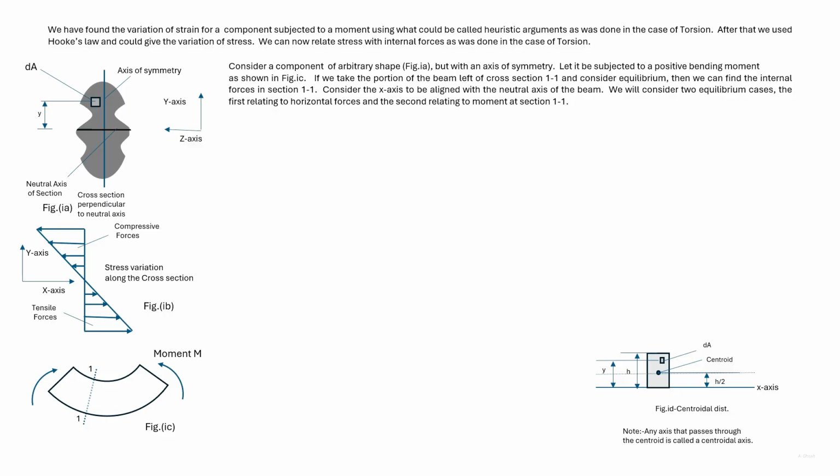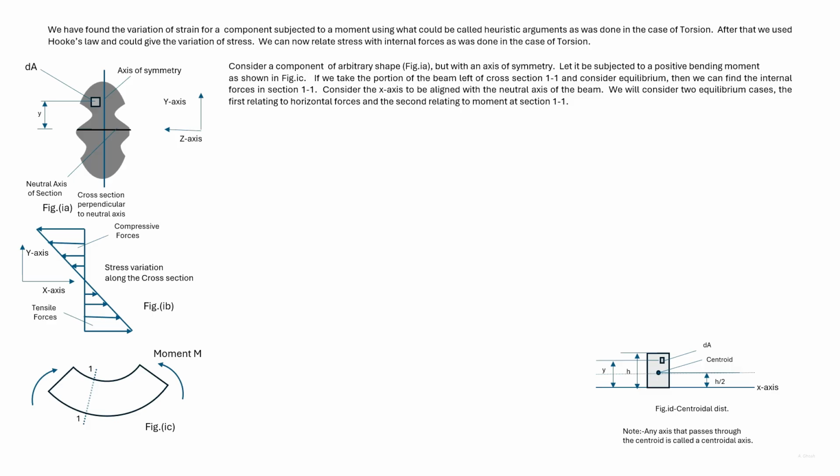Similarly, when it comes to moment, we have found out the variation of strain on a section perpendicular to the axis using heuristic arguments. Using Hooke's law, we have found out the variation of stresses. However, both the strain and stresses were found out with relation to the position of the neutral axis.